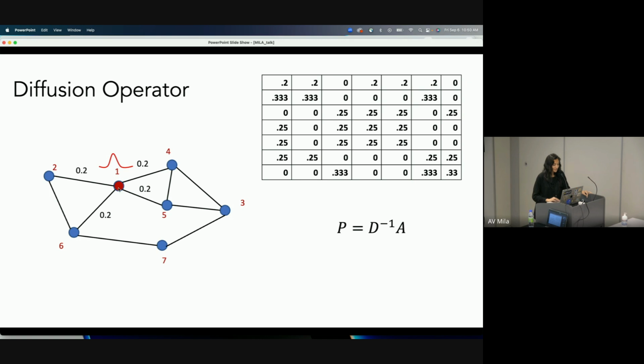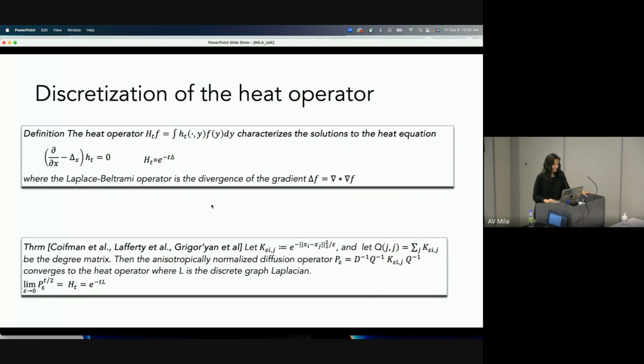And in a way, what this diffusion operator could also say, instead of thinking about it as a random walk, is if you started with a unit of heat here, how would that heat spread? That is another way of thinking about the diffusion operator, and that's why it's called diffusion, sometimes called random walk matrix.